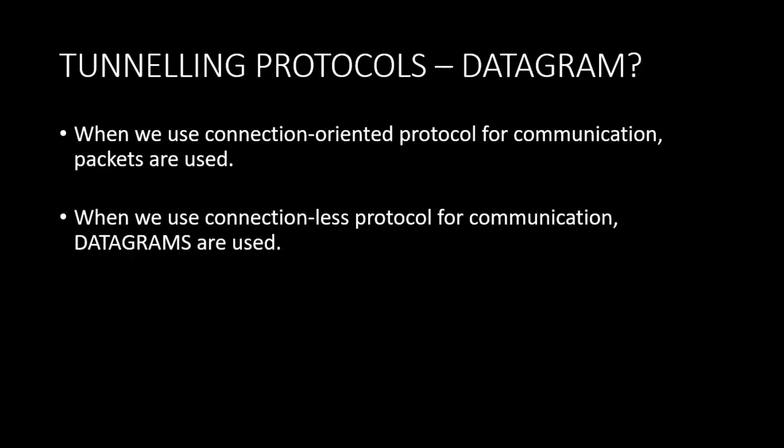When we use connection-oriented protocol for communication, packets are used. But when we use connectionless protocol for communication, datagrams are used. Now, what does that mean? With connection-oriented protocols, this simply means that the data knows where it is going.